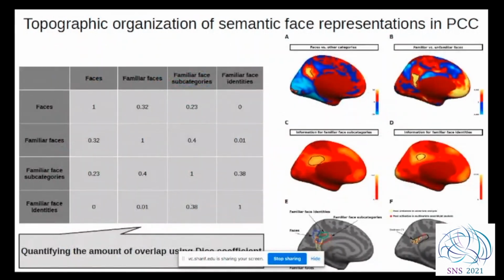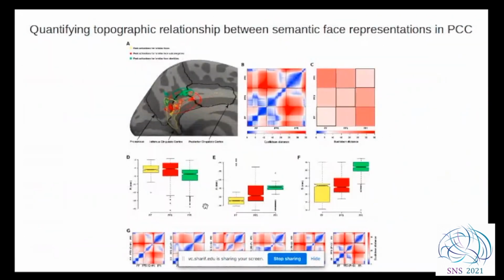So as I mentioned, these four regions showed high spatial overlap as quantified by Dice coefficient. But importantly, the peak activation of these regions were significantly different from each other.